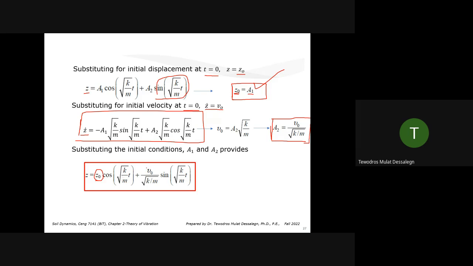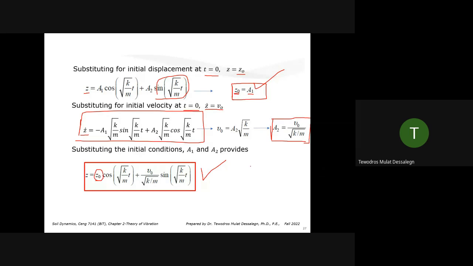And if you gave it initial velocity also, you have this term, initial velocity by square root of k by m, sine of square root of k by m t. So this is the equation of motion for that one degree of freedom system without damping for free vibration.